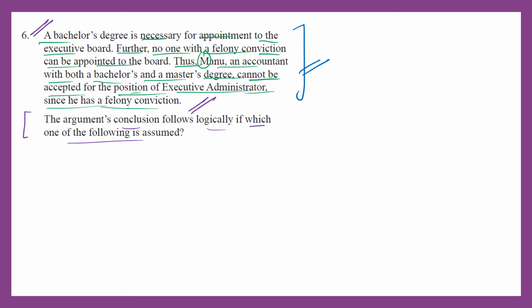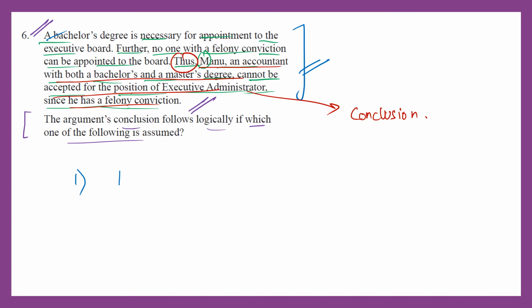If you see what follows "thus," this is the conclusion, right? And you have the premises given in the first two sentences. The first premise is that a bachelor's degree is necessary for appointment to the executive board.